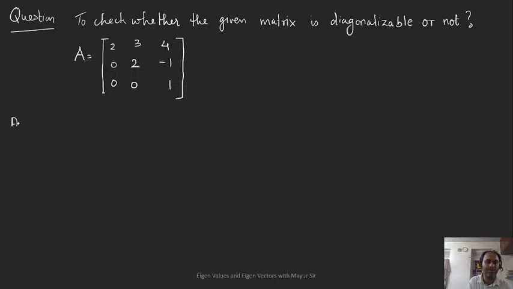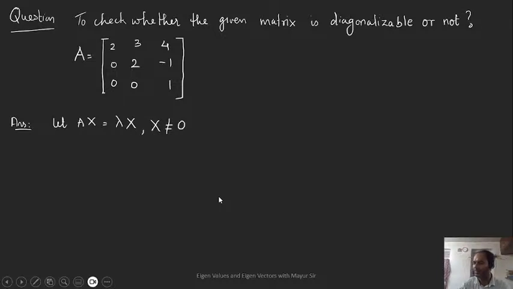So how do we start? First we have Ax equals lambda x, where x is not equal to 0, and then we check how to go about it.